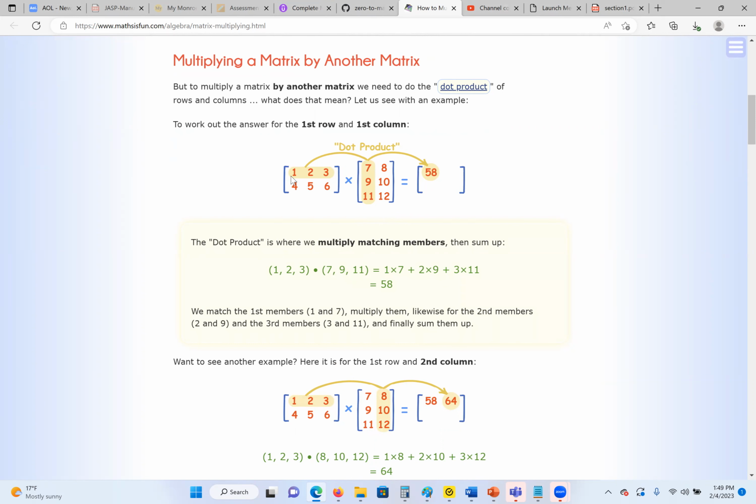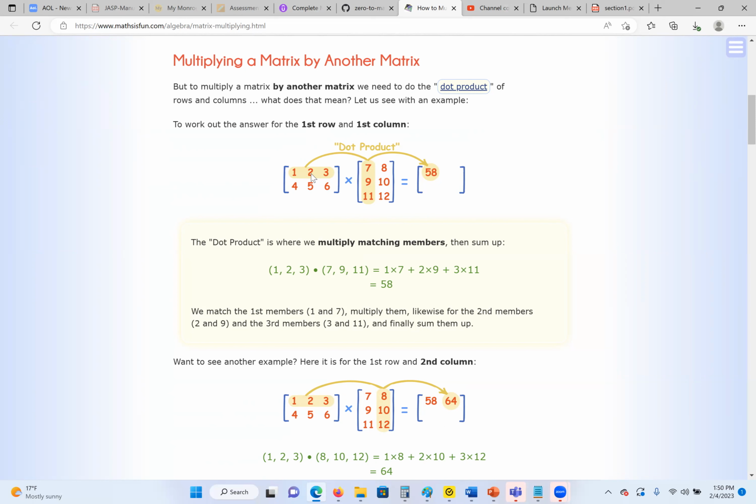Here the first matrix, where the cursor is, is 2 by 3, which means 2 rows, 3 columns. My second matrix, to my right, has 3 rows and 2 columns. So this condition is met. And we're going to explain why this condition is important.